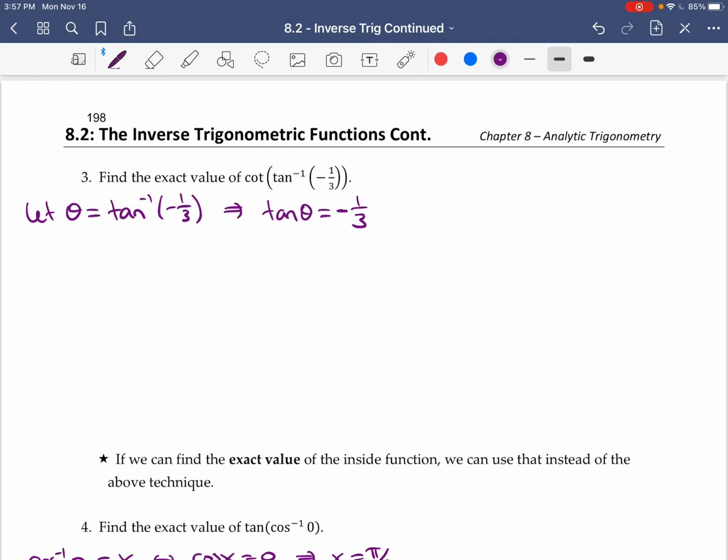So again, for tan the domain, we know that theta has to be between negative pi by 2 and pi by 2, so that's quadrant 1 or 4, just like sine. In quadrant 1, tan is positive. So because tan here is negative, we know theta is in quadrant 4.